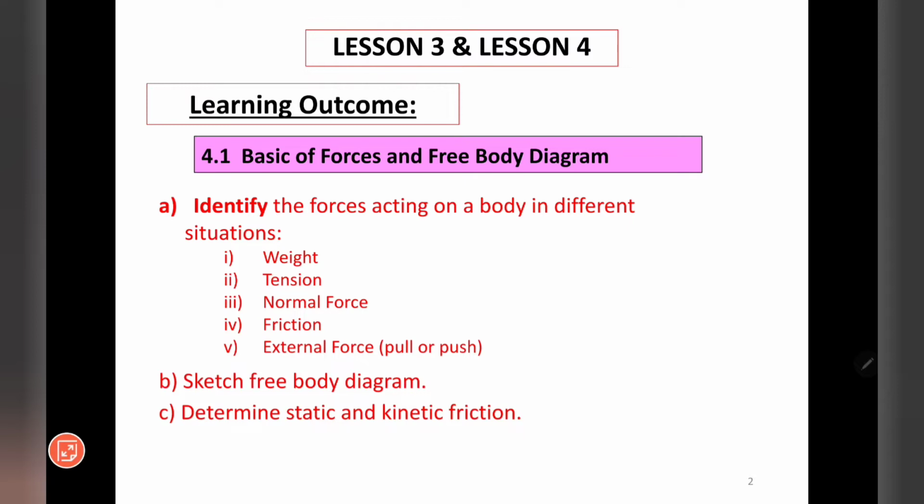For friction, there are two different types of frictional force, static frictional force and kinetic frictional force. The symbols are Fs and Fk. Second, students should be able to sketch a free body diagram. And lastly, to determine static and kinetic friction.